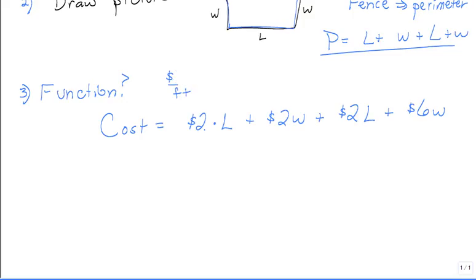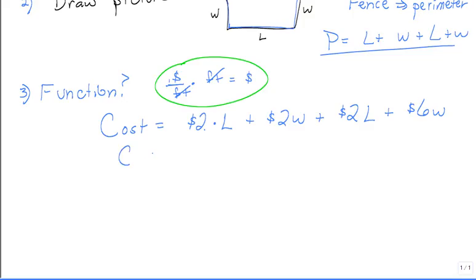No matter what it is, say dollars per foot times the amount of feet. The units cancel, and we get dollars. So we use the units to give us dollars, and that's what cost is.